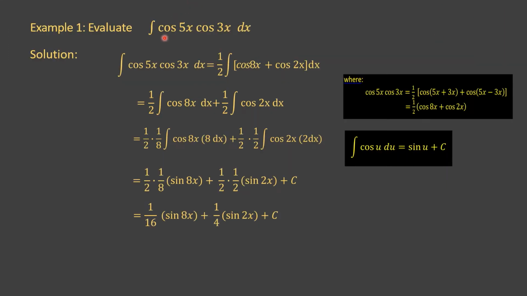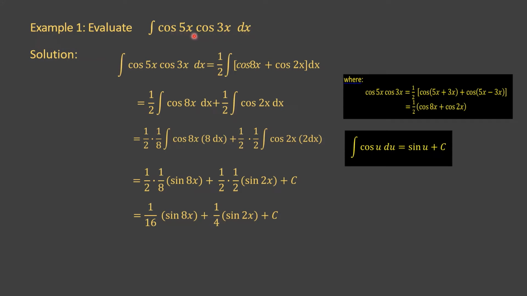Okay, let us have some examples illustrating how we can transform an integral that involves product of cosine and sine of two different angles using the identities that we have given earlier. In this case, we evaluate the integral of cosine 5x times cosine of 3x dx.